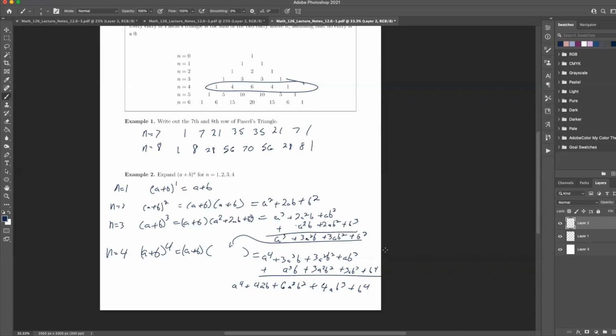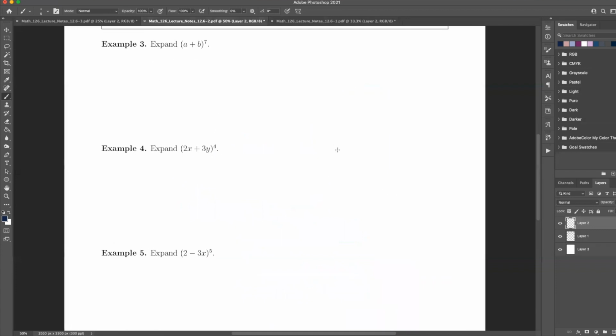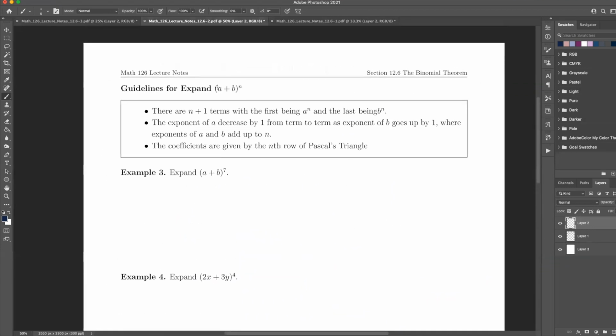All right, so let's show you how to do this in general. So in general, if I'm expanding some polynomial, a plus b to the n, there are going to be n plus 1 terms.